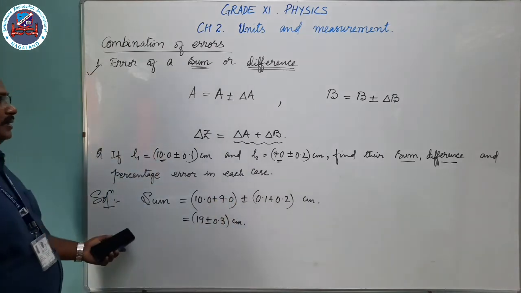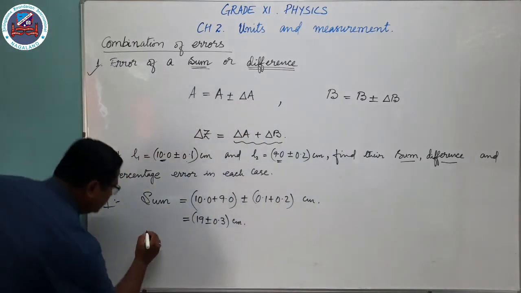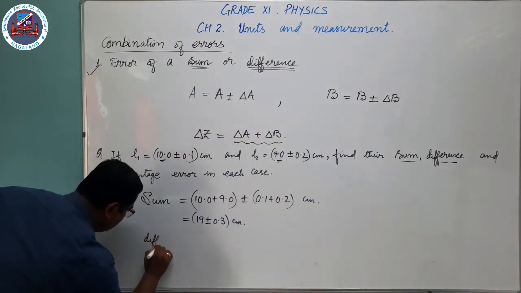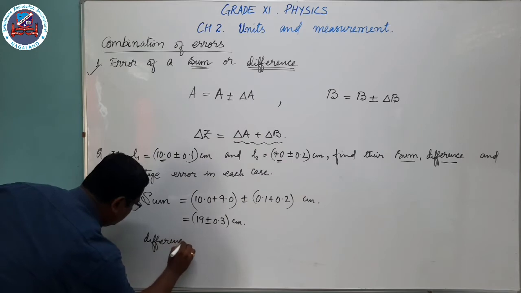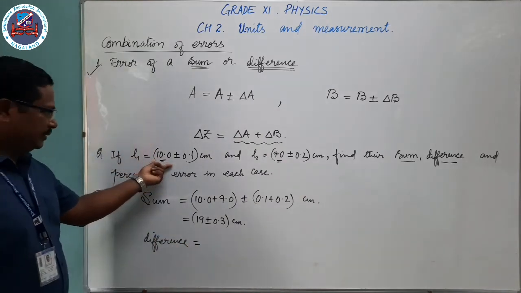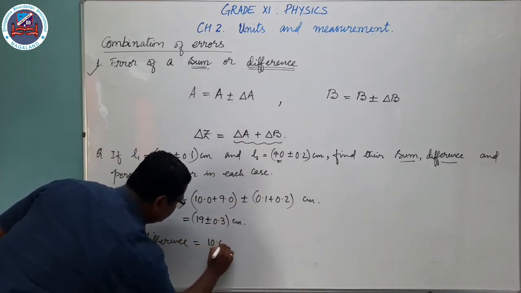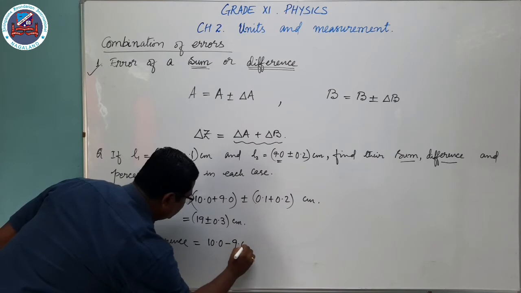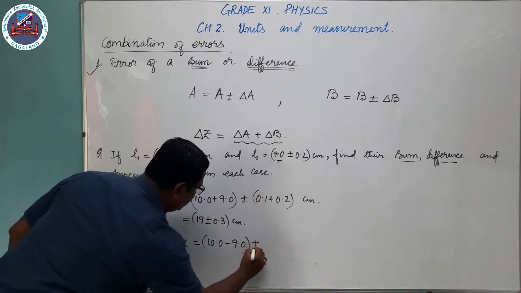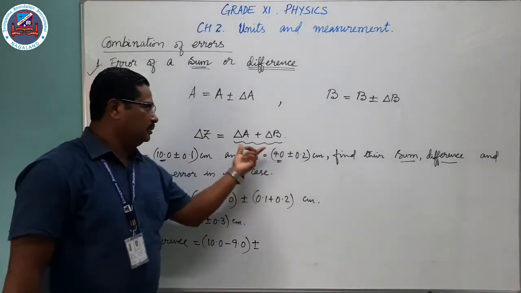The second part, the difference. When you do the difference, the first part, the true values, you subtract: 10.0 minus 9.0, plus or minus the error part. As I said to you, you need to add it.